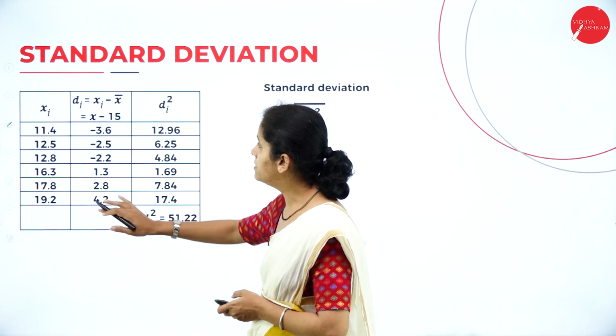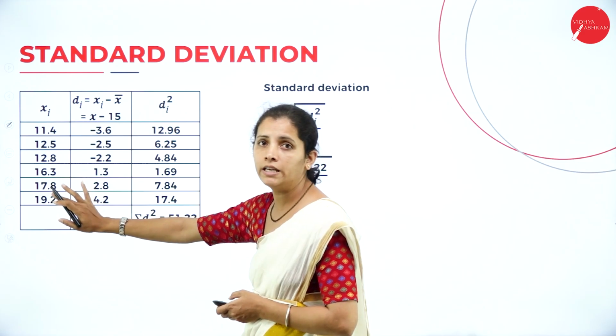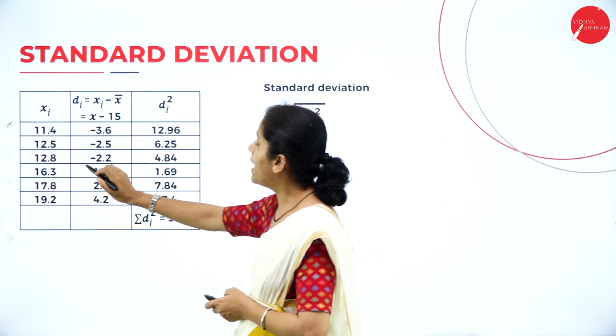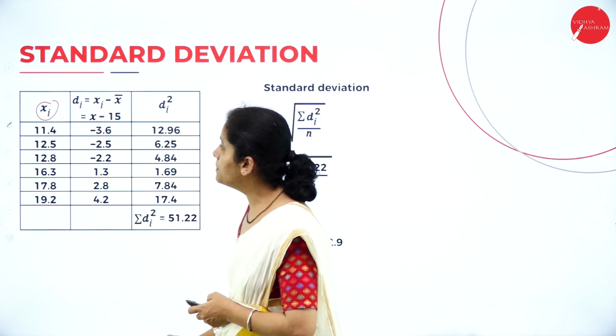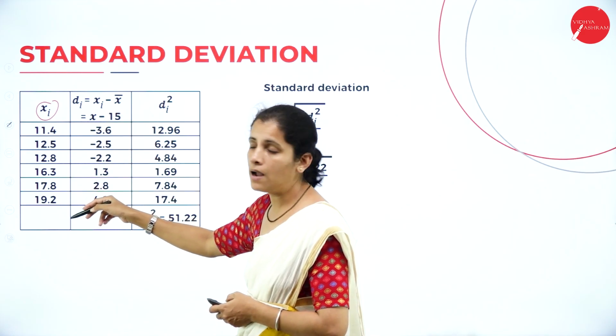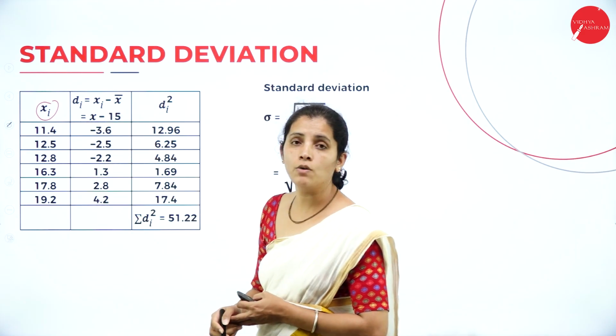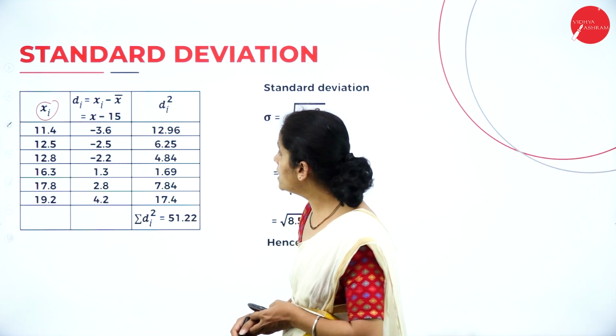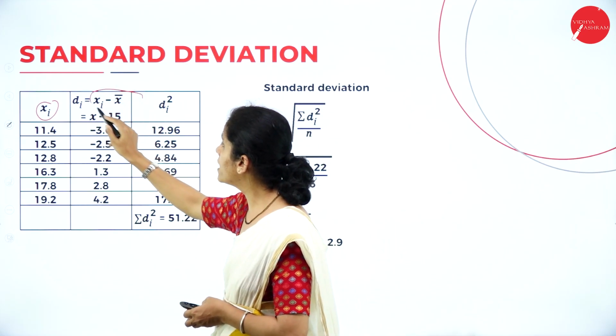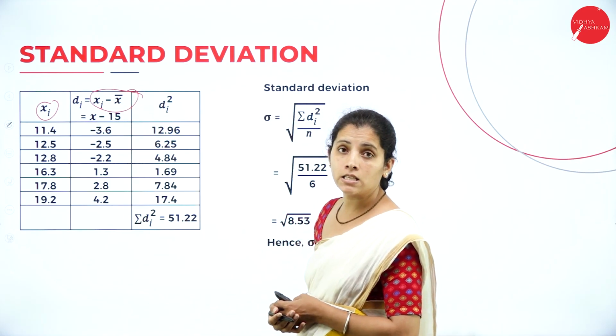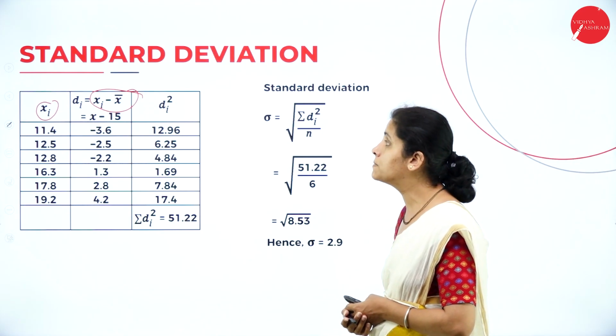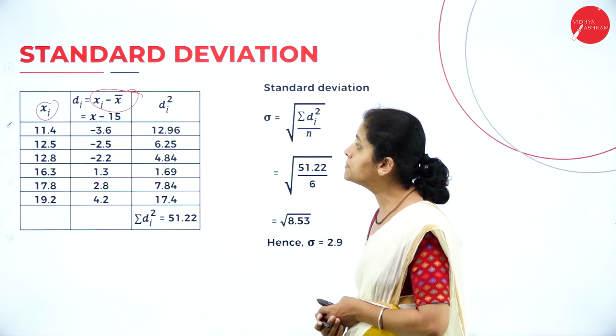Now see here, I'm going to have the table, and xi is nothing but the given data, and I have to find di. To find di, what I require is xi minus x bar. So what is x bar here?